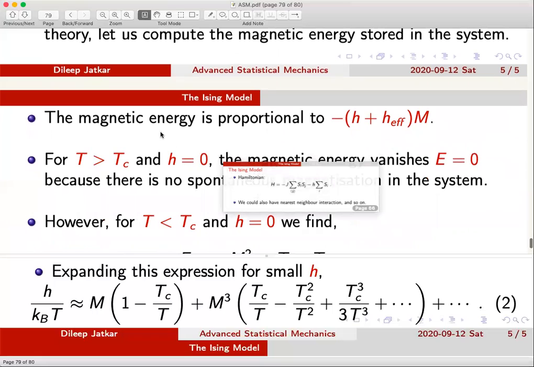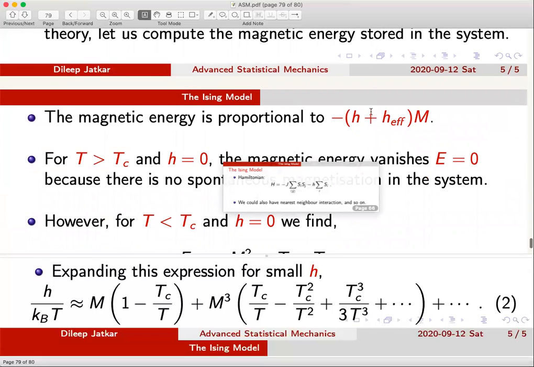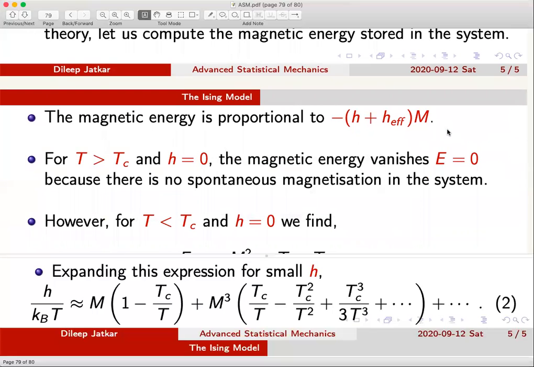Good. So the magnetic energy is proportional to the external magnetic field plus this effective magnetic field generated by the average values of the neighboring spins, times the magnetization itself. Dimensionally that is what you have, h times m or h times s. If you take the average value of s, then the average value of s is m itself. So this is the magnetic energy.